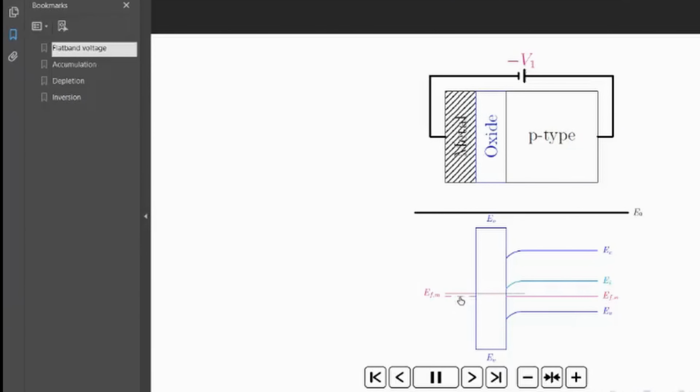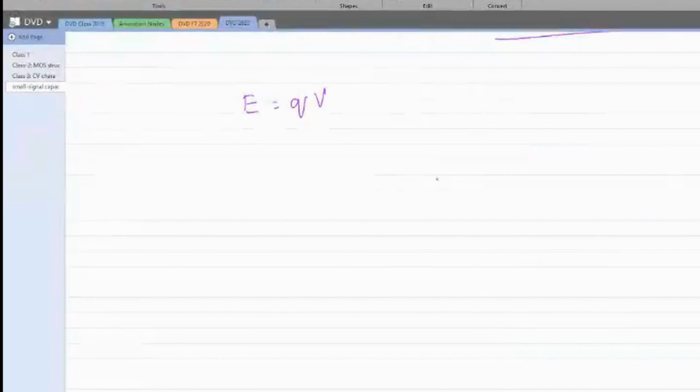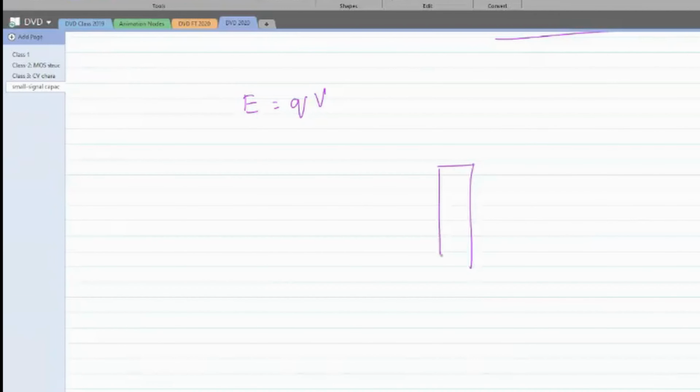Now the Fermi level rises up, and even the conduction band and the valence band of the oxide get modified, because we have charges here and across this oxide there is a voltage difference. Since there is a voltage difference, the energies will slightly modify, and the bands get tapered, something like this.